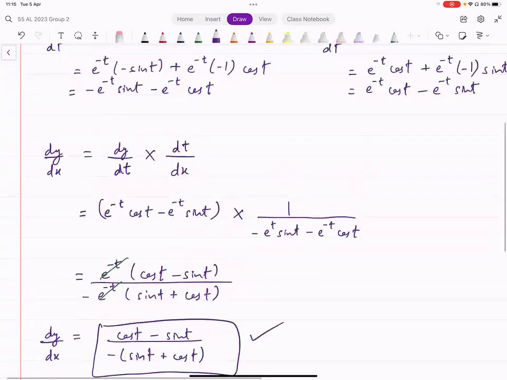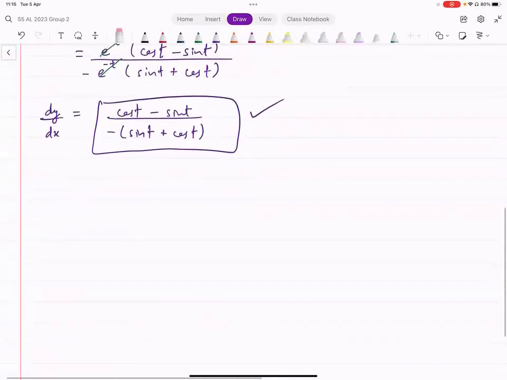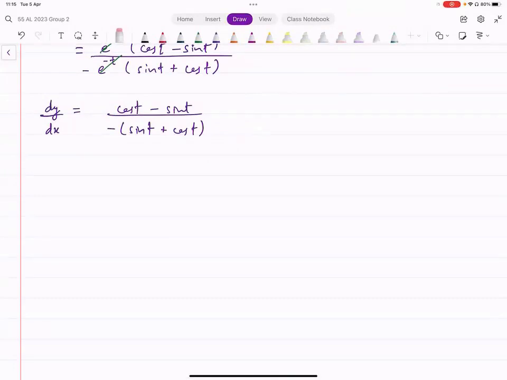But in this question उसने क्या कहा है? उसने कहा है show that dy over dx equals this thing. तो आपको ये फॉर्म इस फॉर्म में कन्वर्ट करना है. ऑलराइट, इस फॉर्म में किस तरह से कन्वर्ट करना है. We have sin and cos, और जो ऊपर फॉर्म है वहां पे tan है और वो कंपाउंड एंगल है उसका.